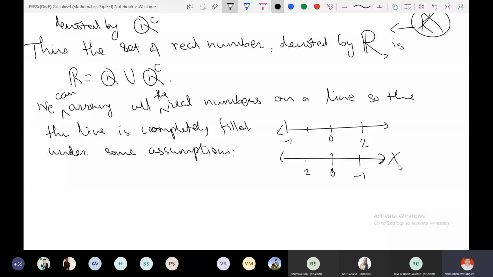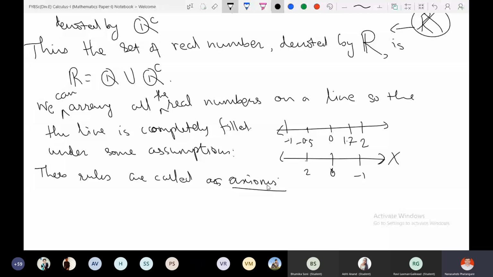And what is the rule? Why is -1 kept here and why is 2 kept here? Why is 0.5, minus 0.5 here and why is 1.7 here? What are the rules? These rules are called axioms, right?